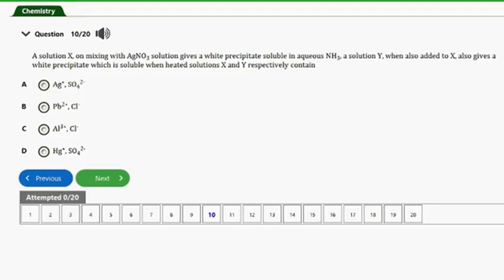Solutions X and Y respectively contain A, silver and tetraoxosulfate 6 ions, B, lead and chloride ions, C, aluminium and chloride ions, D, mercury and tetraoxosulfate 6 ion. So guys, the answer to this question is option B, and that's lead and chloride ions.